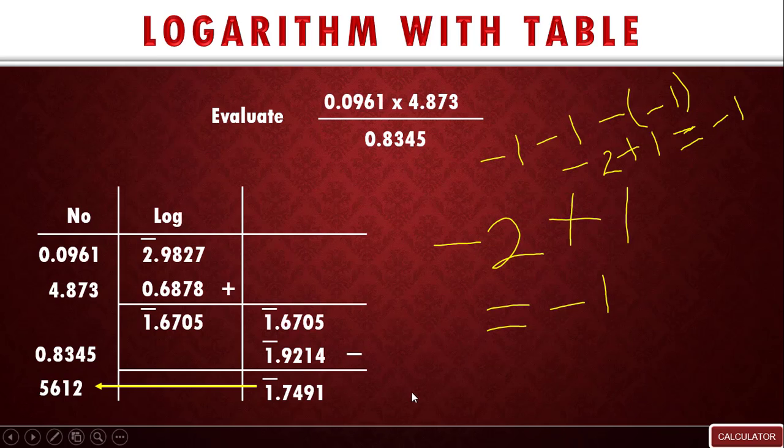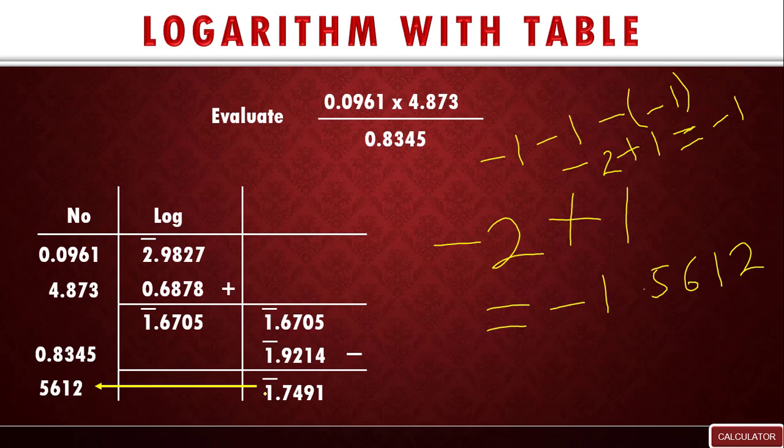So that is 0. So because that is 0, let's try to analyze that. Okay, we have 5, we have 6, we have 1, and we have 2. So since it is 0 that it gives us, we are supposed to count from this position.